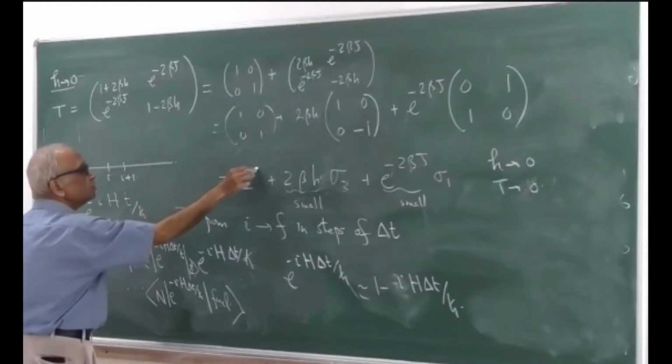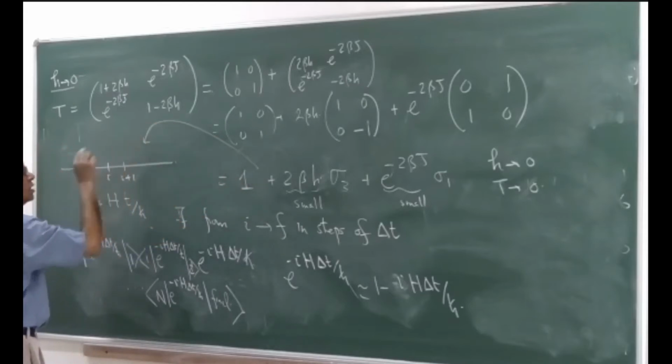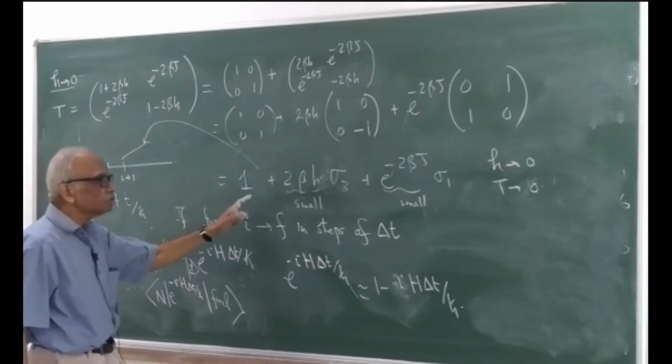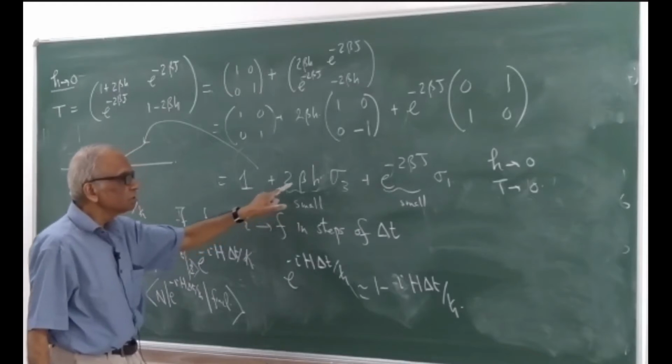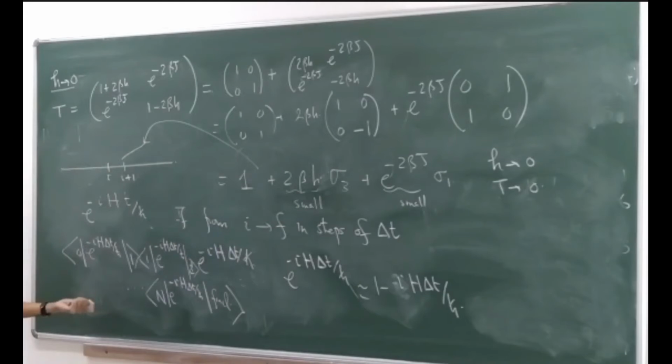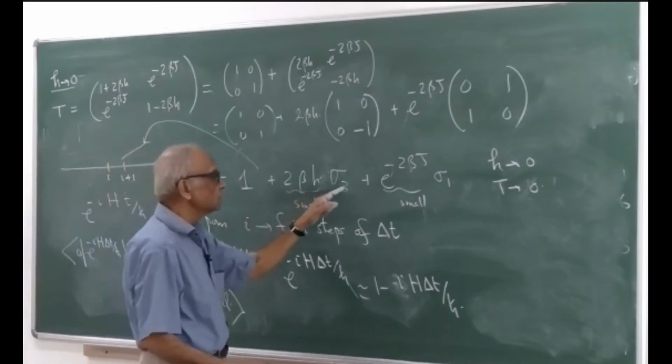This transfer matrix has taken me, in this StatMech problem, from step i to step i plus 1, which is the role of the transfer matrix. That has the structure, therefore, that it corresponds to a quantum problem where the Hamiltonian is this.